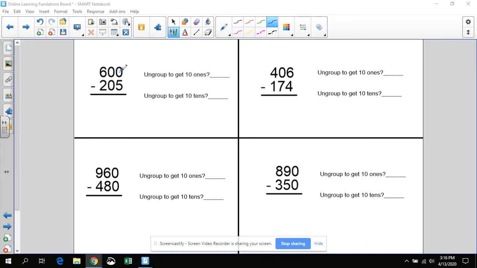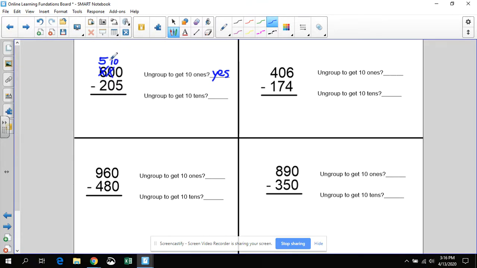So when I have a 0 in the ones and anything except a 0 below it, I know that the answer to ungroup to get 10 ones is going to be yes. I need to get that from the tens, but right now there are no tens. So if I cross out the 6 and make it a 5, that makes this a 10.